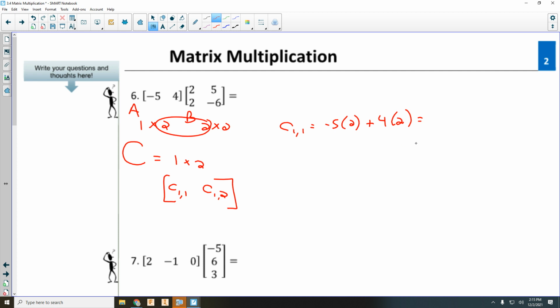That's -10 plus 8, -2. Then C12: -5 times 5 plus 4 times -6, -49. Is that our answer? So our final answer would be -2, -49.